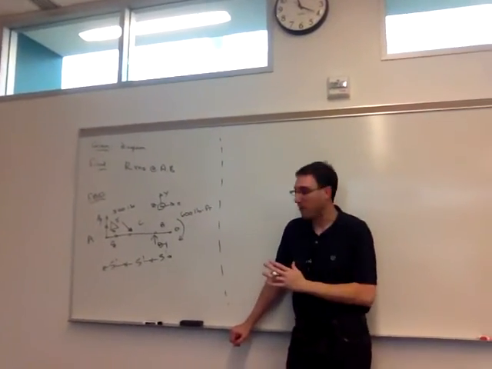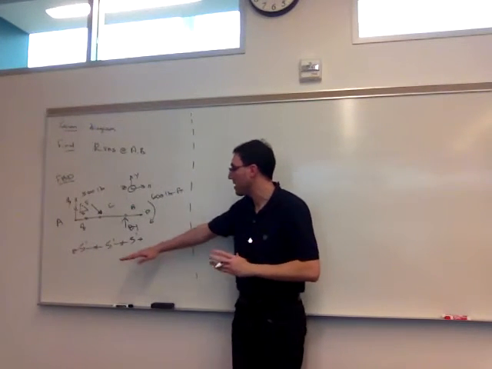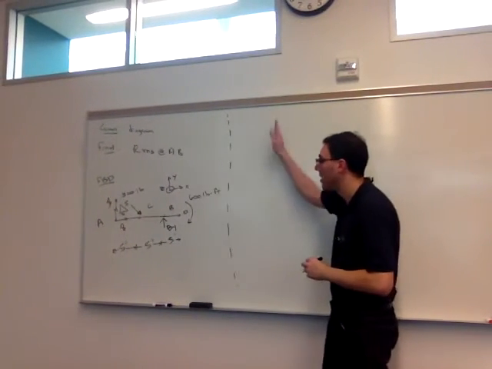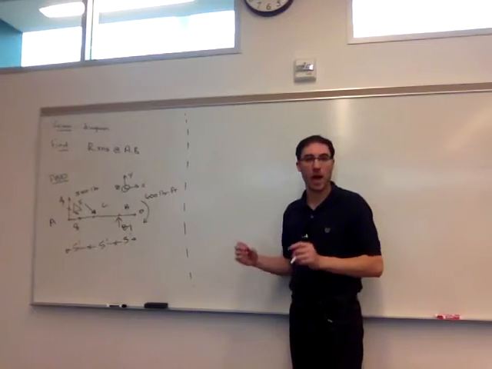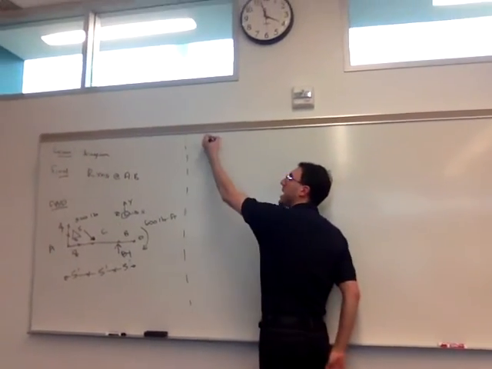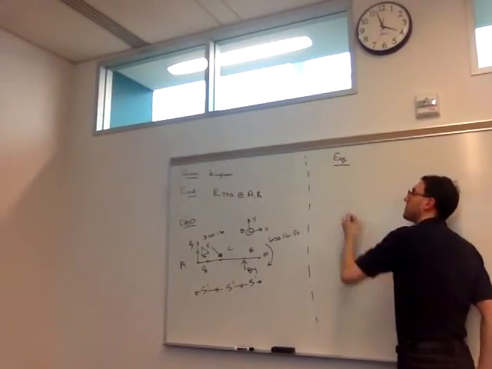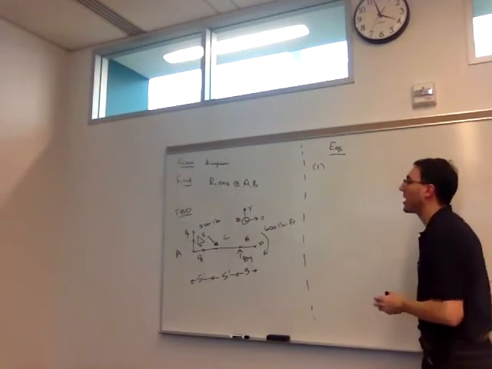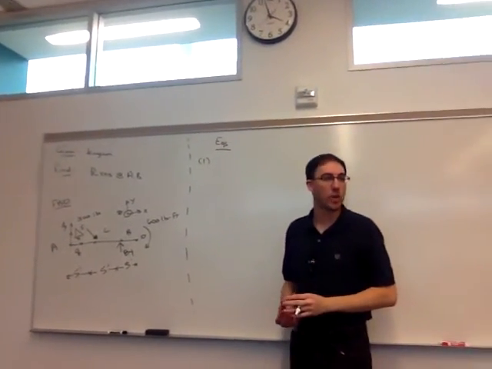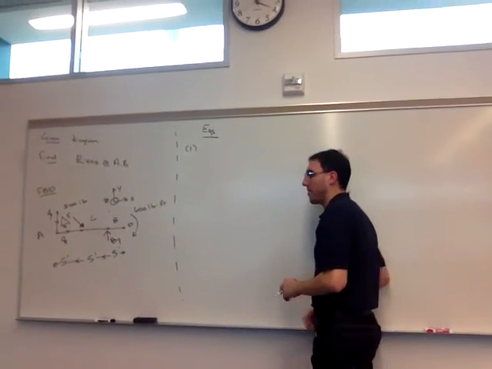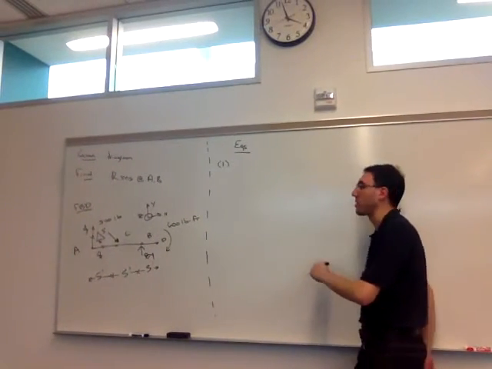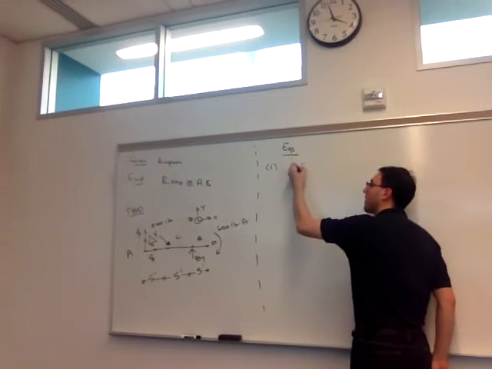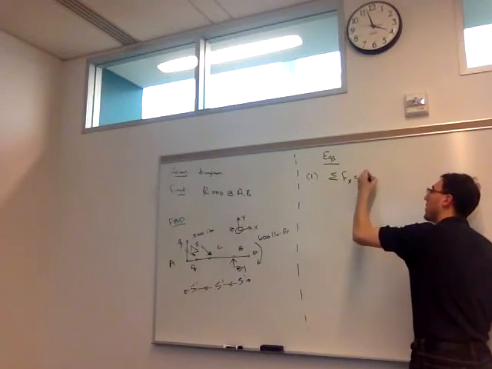So again, I'm going to be stressing free body diagrams because your free body diagram is going to dictate what we write for our equilibrium equations in the next step. So we're in 2 dimensions. It's a rigid body. So remember, we get 3 equilibrium equations out of it, not just 2 that we saw for particle equilibrium. So the first steps are going to be the same that we saw for particles.